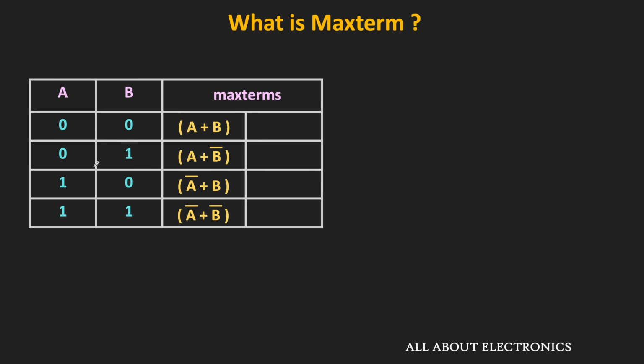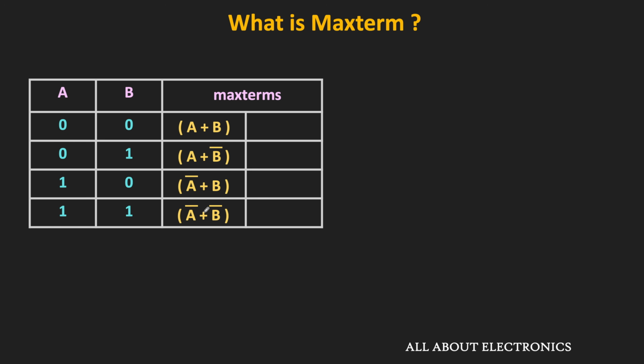So as you can see, in the first case, the value of both variables a and b is 0, and therefore they are represented in the true form. Similarly, in the second case, this a is equal to 0 while b is equal to 1. So this a is represented in the true form while this b is represented in the complemented form. And the same procedure is followed for the remaining combinations.